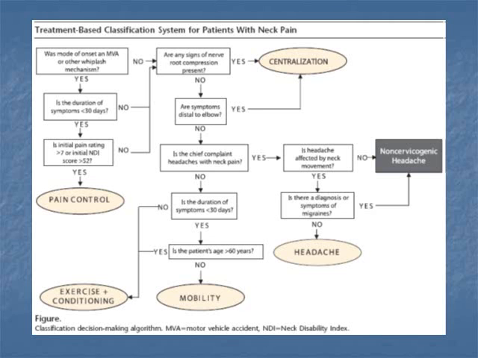Here is sort of the algorithm that they used with the 5 classifications: pain control, exercise and conditioning, mobility, headache, and centralization. Notice how this chart just looks a whole lot easier than that algorithm from the Wong study.